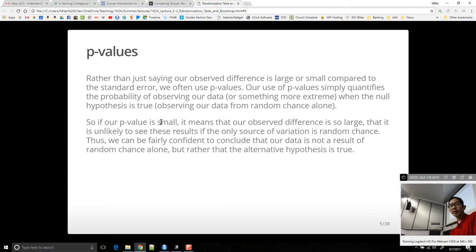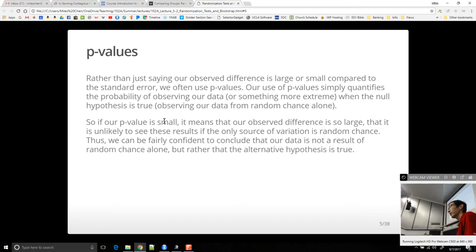if we end up getting a small p-value, it means that the observed difference is so large that it is unlikely to see the results that we have if the only source of variation was random chance, right?